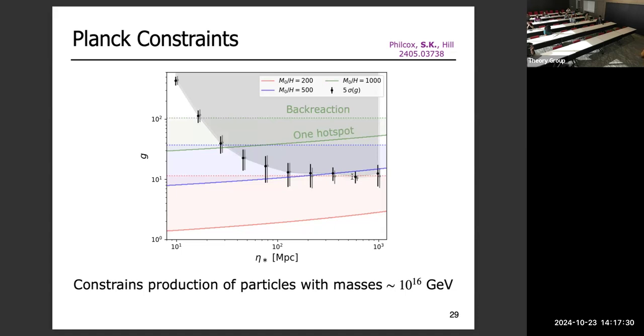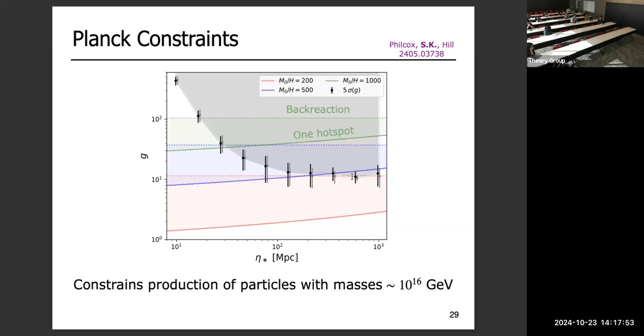But then M0 comes in because let's say you choose such an M0 that theoretically you don't even expect one spot in the entire sky. Then the search doesn't apply. So that's where these things come in. So here I'm saying, if you have a particle whose mass is 1,000 times larger than Hubble, then below this line, you don't even produce one hotspot.